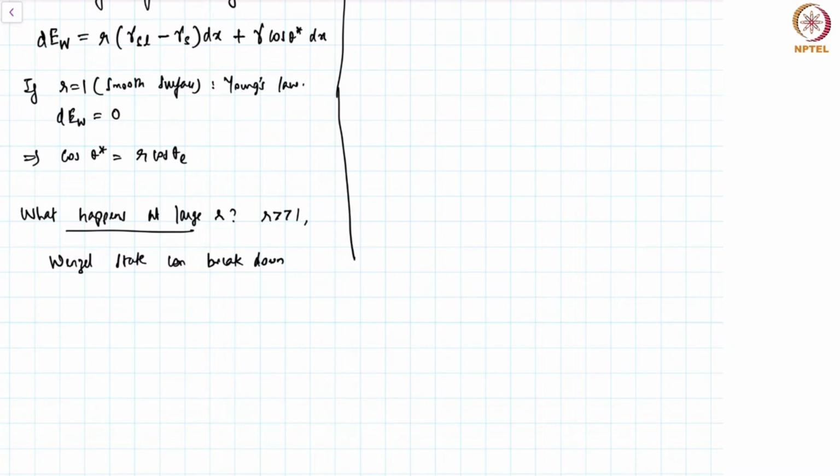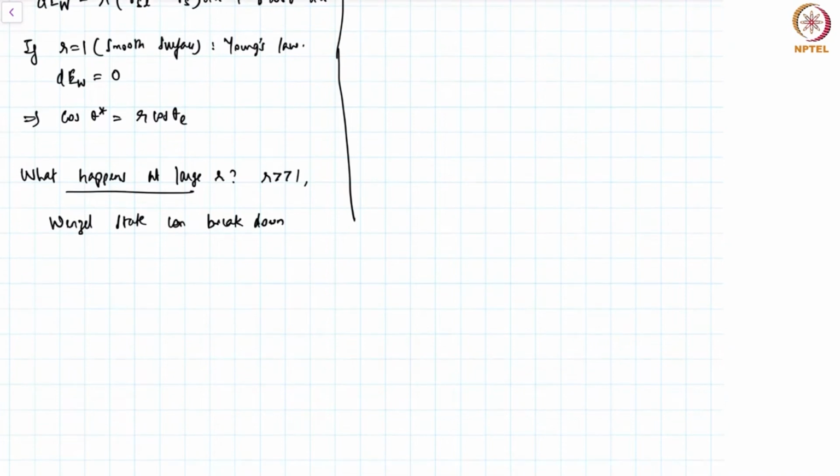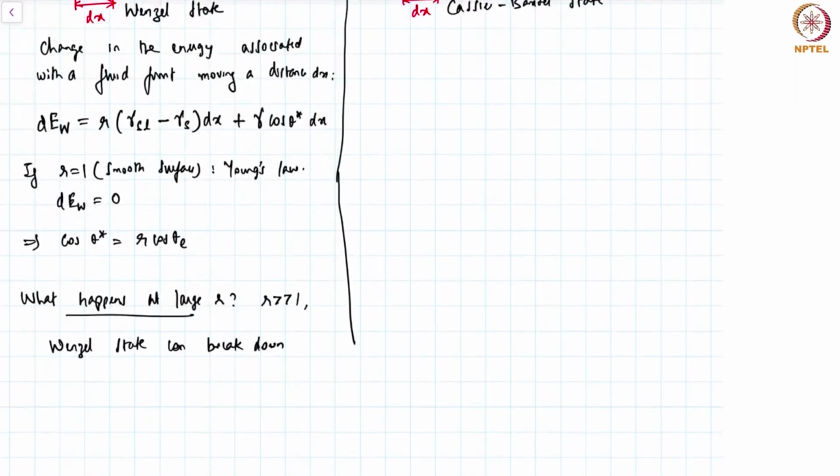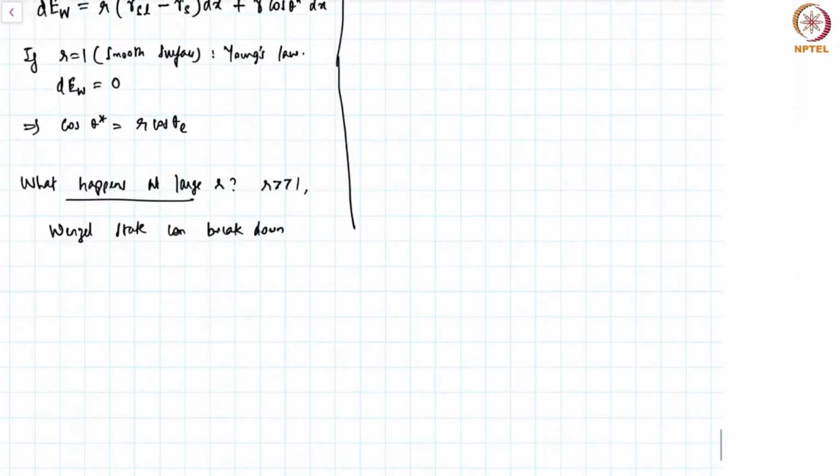What will end up happening physically is that the Wenzel state completely breaks down. When r becomes very large, which means that the roughness has increased quite a bit, then the fluid does not penetrate all the depths of the roughness, and you would start trapping air pockets.